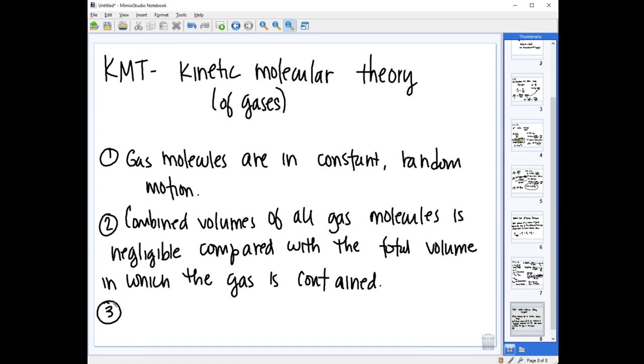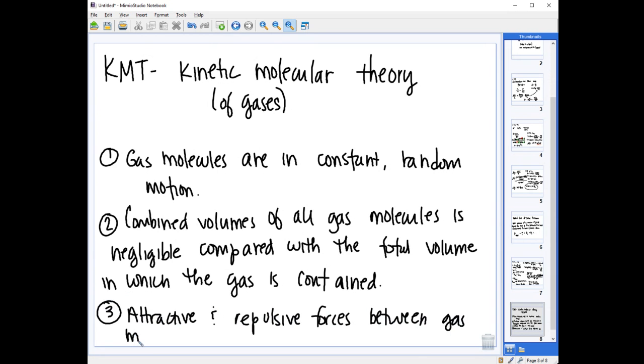The other thing is that attractive and repulsive forces between the gases are negligible. In other words, they're not going to be attracted or repulsed by each other. Now, we know that's not completely the case.